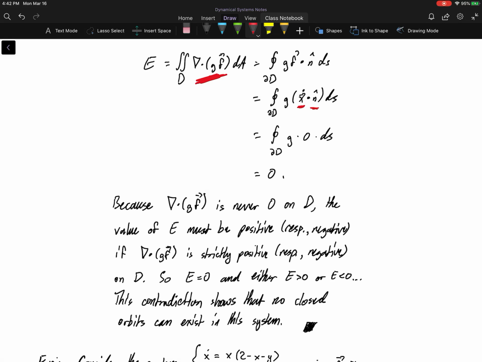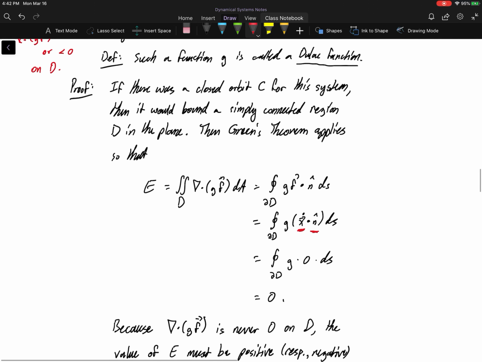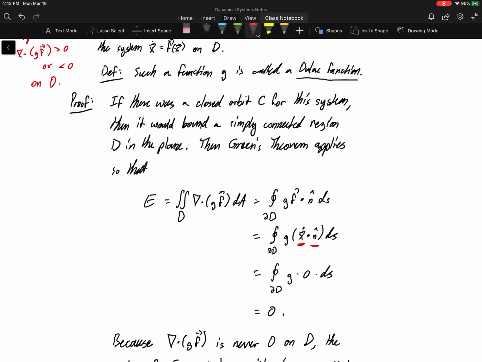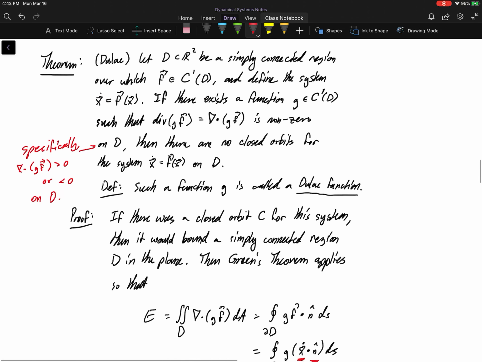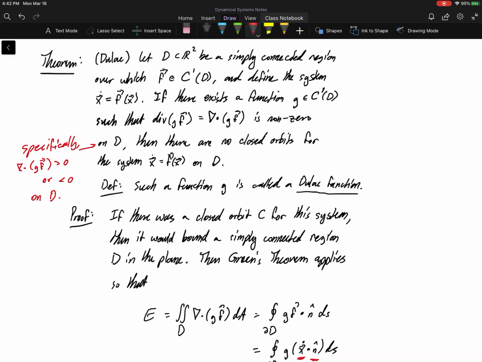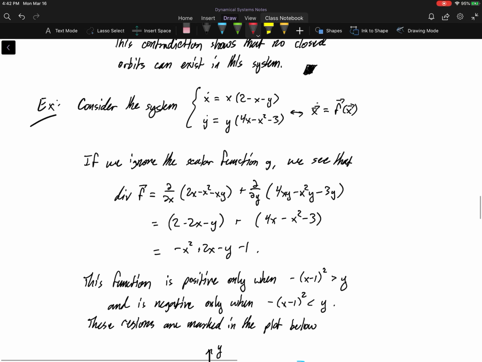This whole thing would then make E into either a positive or a negative number. But we've just shown that E actually has to be 0 if we have a closed orbit. So E is both 0 and one of either positive or negative, which can't happen. So the contradiction shows that there are no closed orbits in this system. Otherwise, we get this contradictory information. Therefore, there can be no closed orbits.